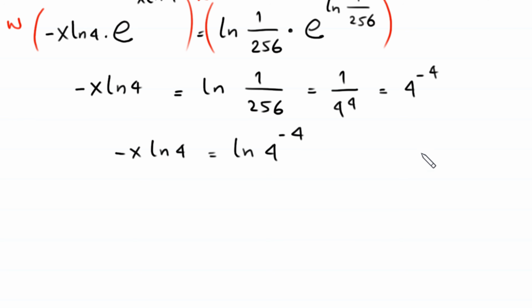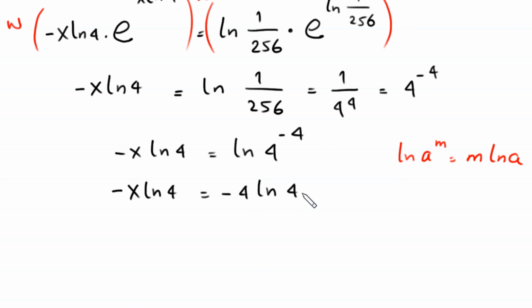By using this property, ln of a to the power m is equal to m times ln of a, this will become negative x times ln of 4 equal to negative 4 times ln of 4. And from here we divide both sides by negative ln of 4.